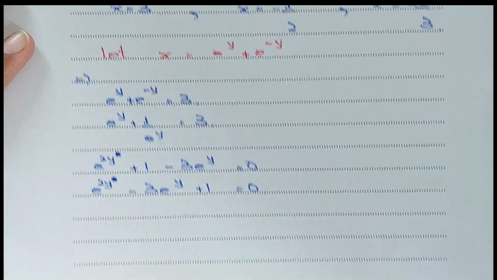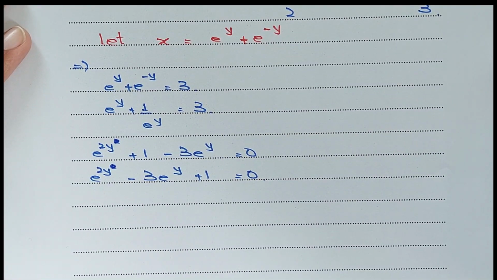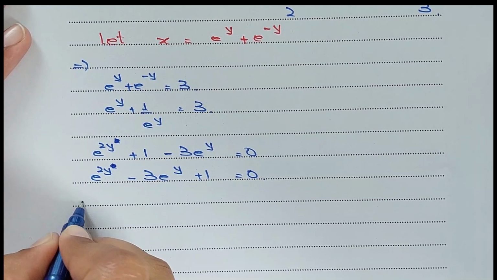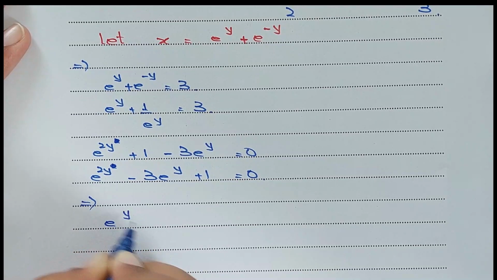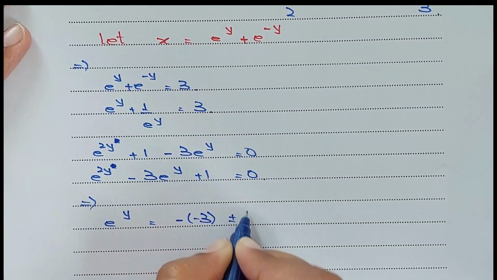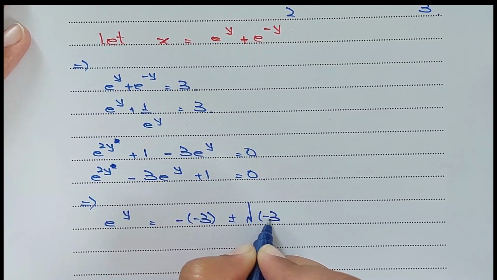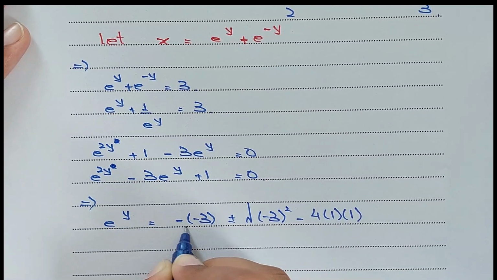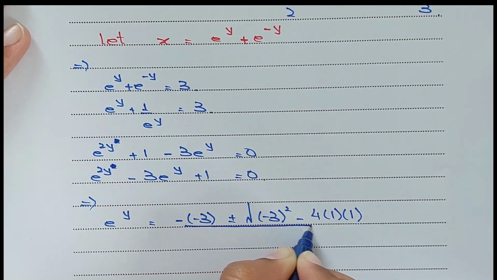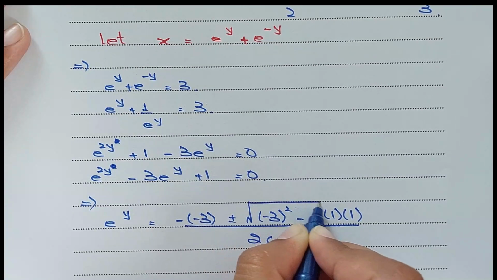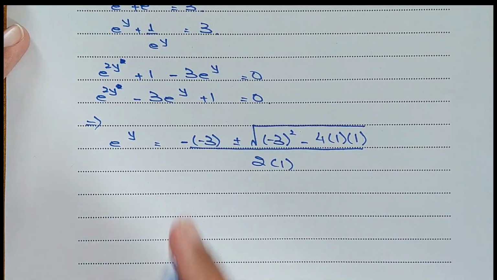Right, now we have to use a quadratic formula over here. So we can say e power y is negative of b plus minus square root b square minus 4 times the a value and the c value, divides 2 times of a. All right.